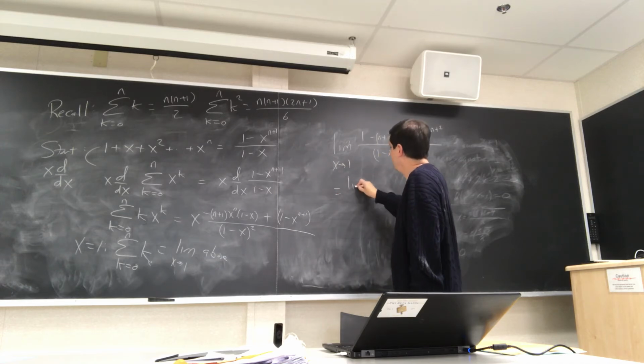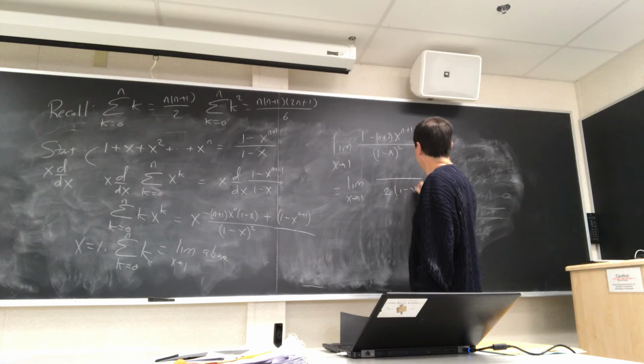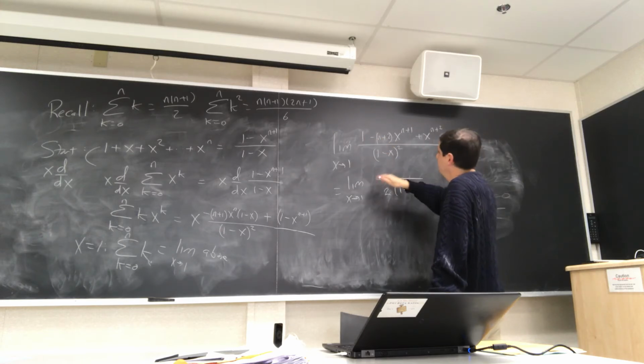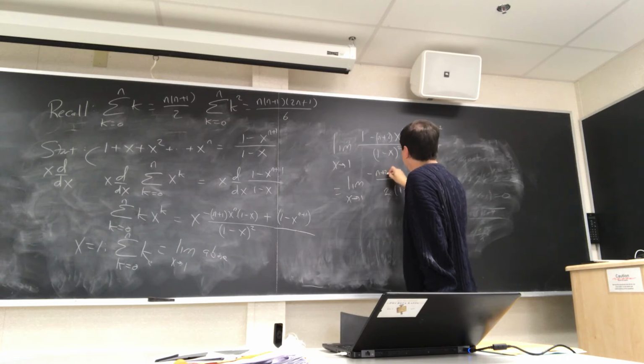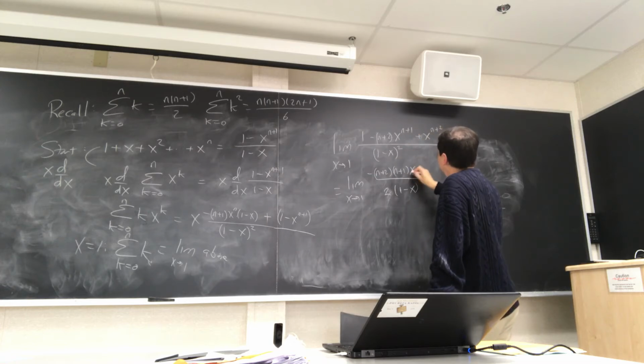So we use L'Hopital, and we'll get a 2, 1 minus x down below. And now up top, when we take the derivative, this is fine. We'll get a negative n plus 2, and we'll get an n plus 1 from this. And then we'll have an x to the n, and then we'll have a plus n plus 2 x to the n plus 1.